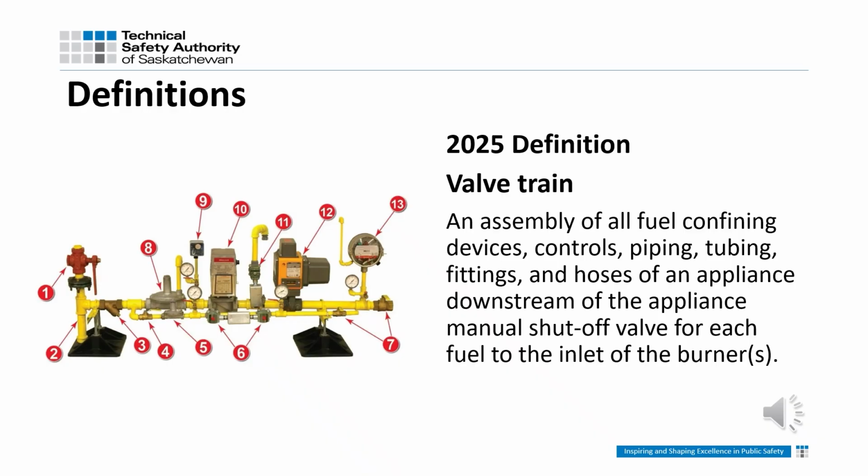Valve train definition has been reworded in the 2025 code to read an assembly of all fuel confining devices, controls, piping, tubing, fittings, and hoses of an appliance downstream of the manual shutoff valve for each fuel to the inlet of the burner or burners.